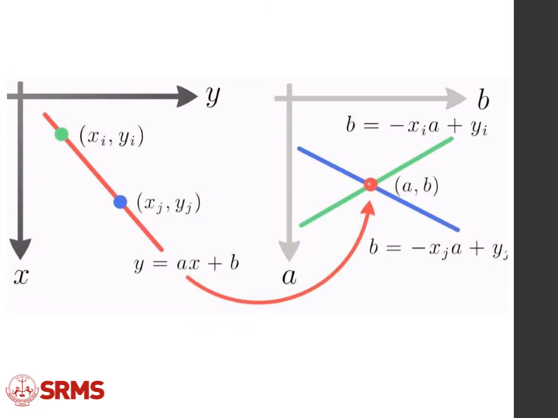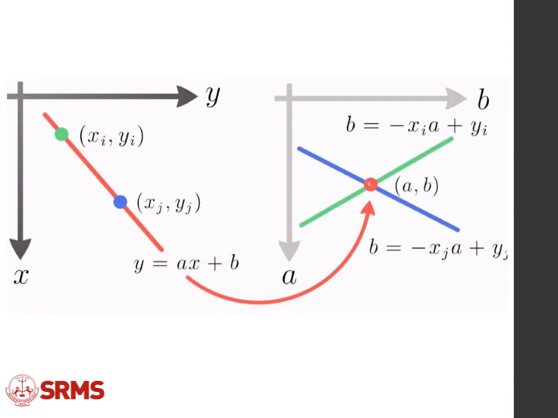This intersection point is depicted by the red point, which has the point a and b. You can solve the two equations b = -xi a + yi and b = -xj a + yj in order to find the intersection point (a', b').